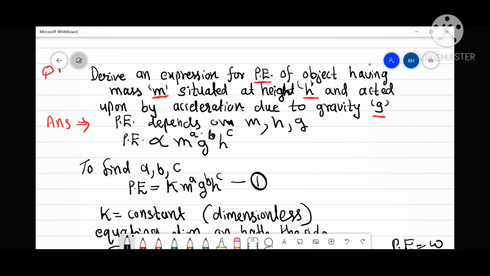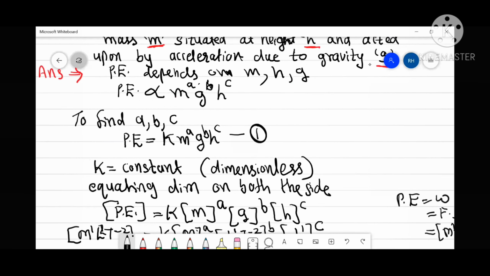Write the equation: potential energy directly proportional to m raised to a, g raised to b, and h raised to c. Next, to find the a, b, c: potential energy is equal to proportionality constant K, m raised to a, g raised to b, h raised to c, equation number 1. Next we mention K is a constant which is a dimensionless quantity that we will not include when we are applying the dimensions. Have you understood this?